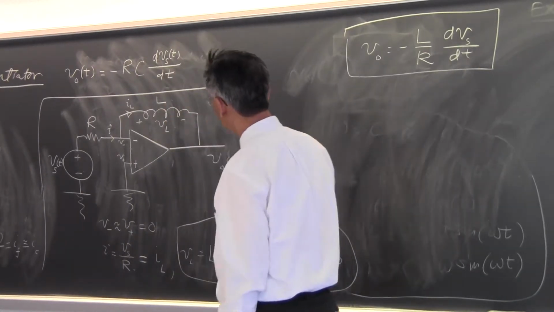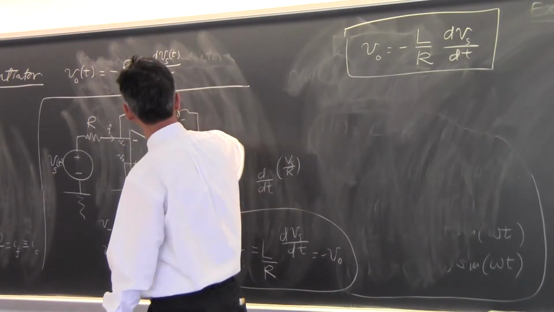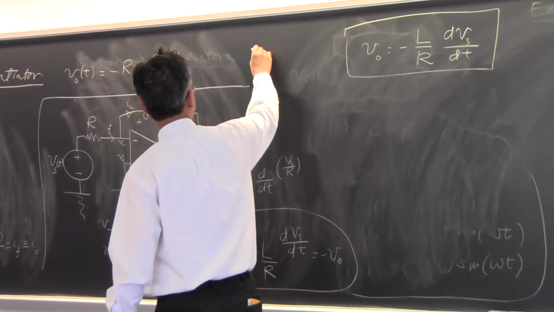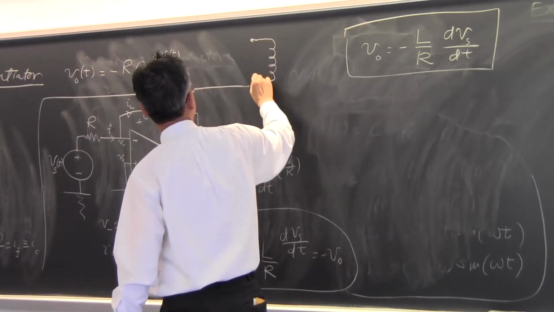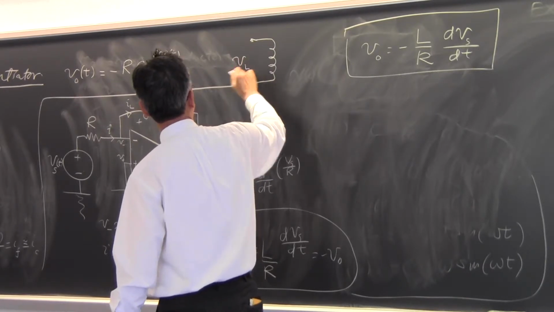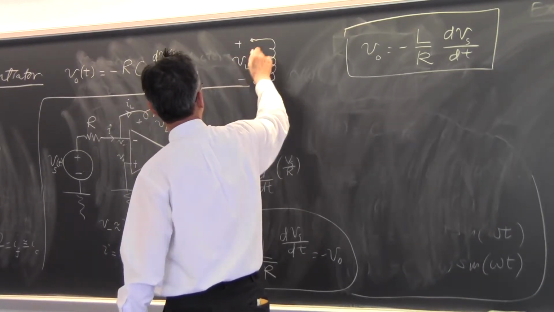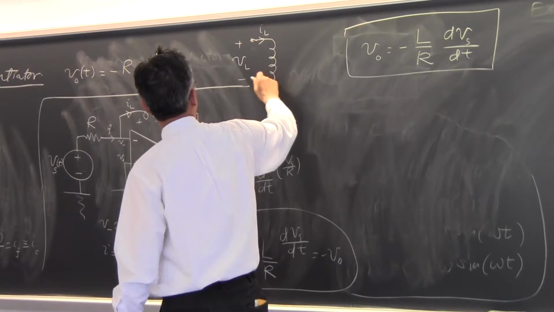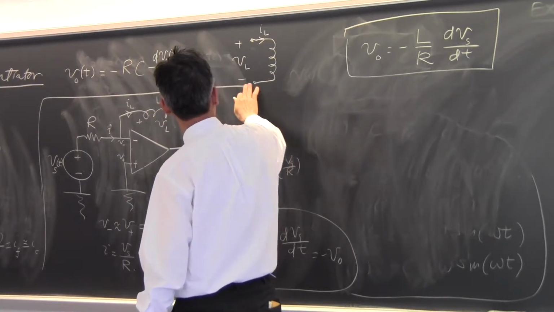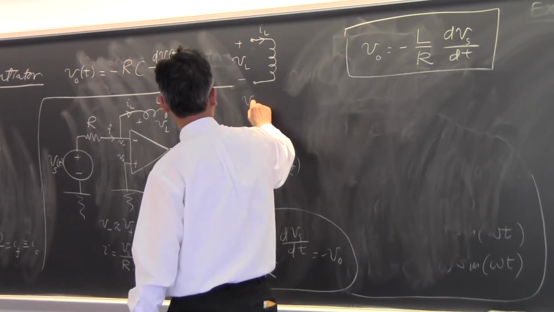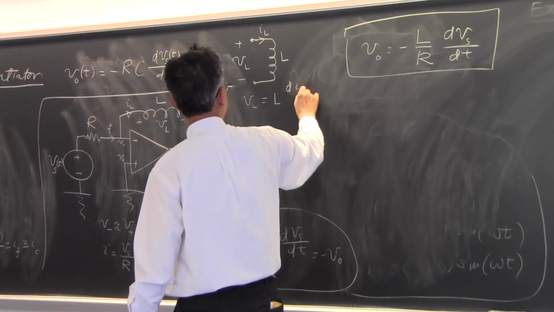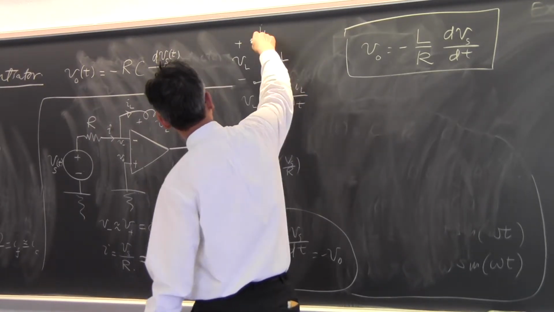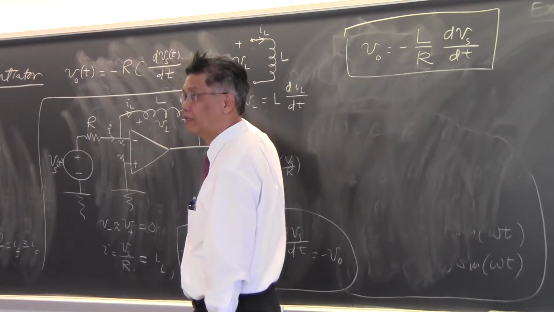Okay, VL is the voltage drop. When you write down this IV relationship for an inductor, it looks something like this. If I put it right side up, maybe it's easier for you to see it. If I were to write the VI relationship for this inductor, VL is L dIL/dt. So the voltage drop is from here to here.